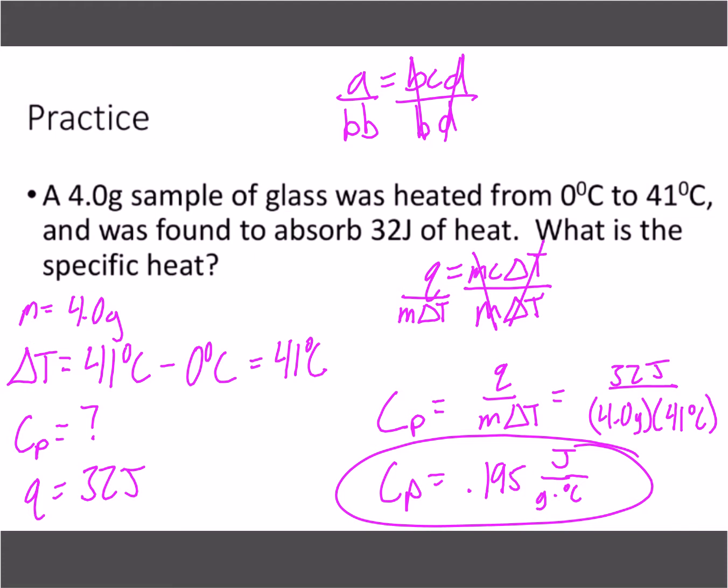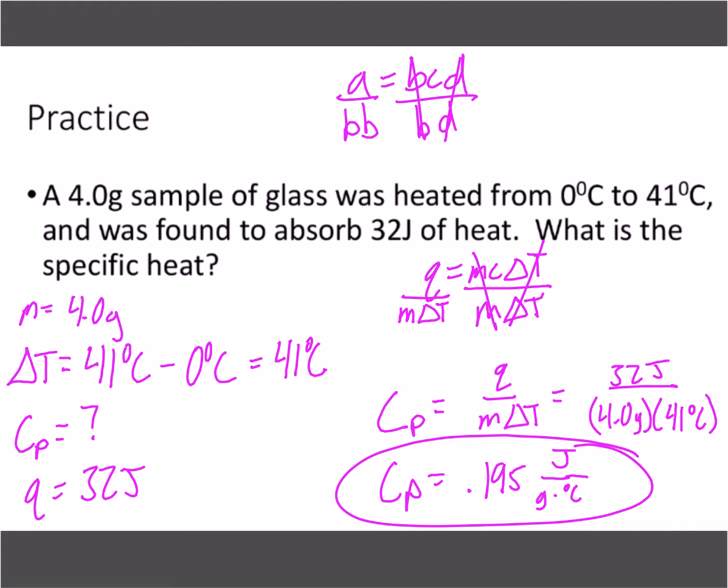By definition, these units are good because it says for every 1 gram, a certain amount of heat or energy needed to raise 1 gram of a substance by 1 degree Celsius. So in this case, our specific heat for this piece of glass, it takes 0.195 or 0.20 joules of energy to raise 1 gram of that glass by 1 degree Celsius.